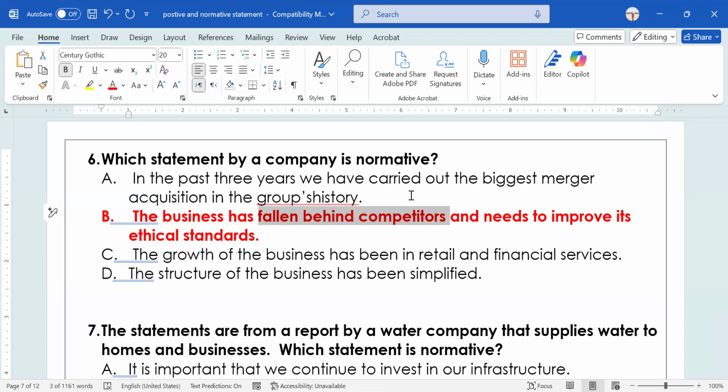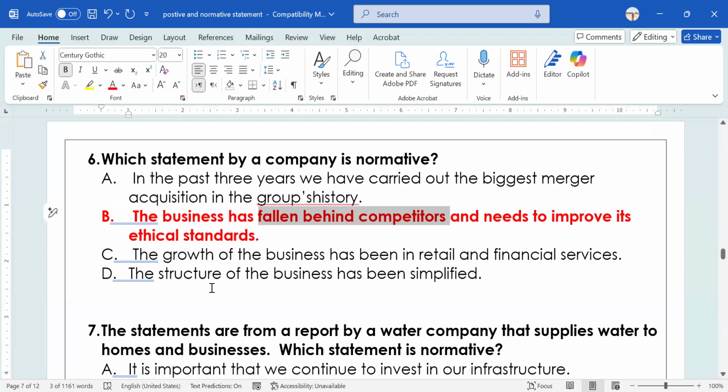Letter C, the growth of the business has been retail and financial services. Again, this letter C describes where growth happened and is based on data. Letter D, the structure of the business has been simplified. This is a descriptive statement about the changes in the organization.